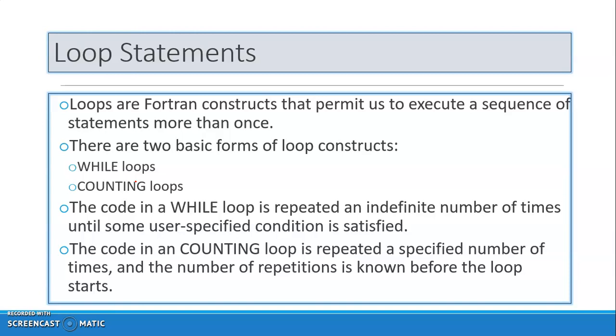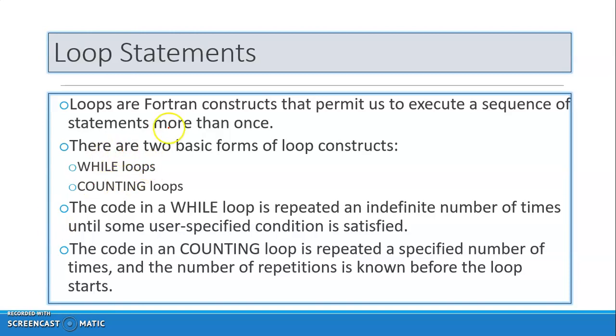It helps us to execute statements repeatedly. So instead of writing print 1,000 times, we can just have one statement that is executed 1,000 times. It saves the programmer from writing the same line of code again and again. You can use one statement and just execute it many times. So that's why we have loop statements.